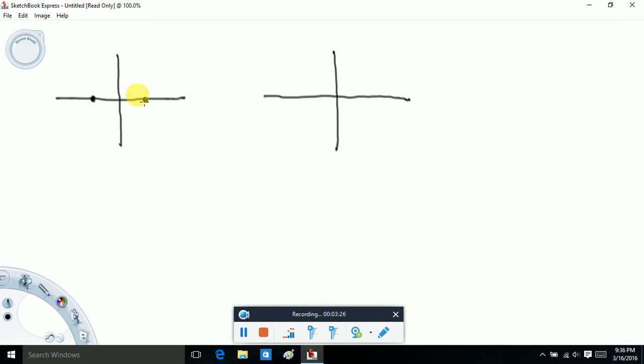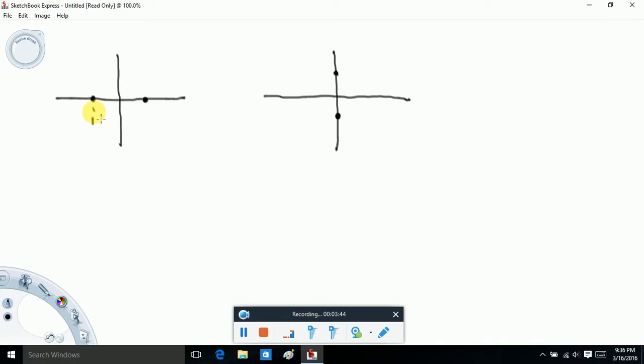Now what I've drawn here are 2 points. These represent the vertices of the hyperbola. So similarly, with the parabola we had a vertex. This time we have 2 vertices.